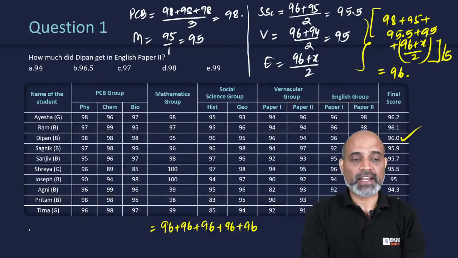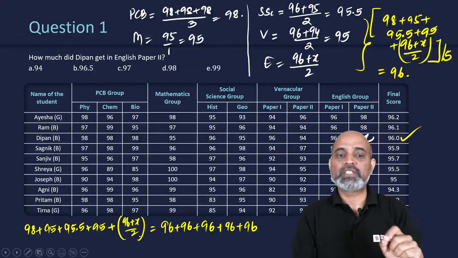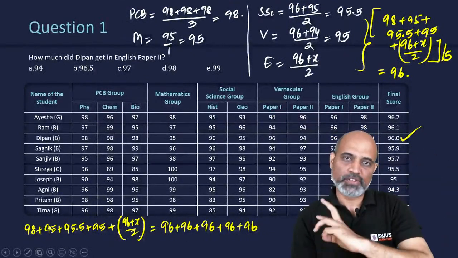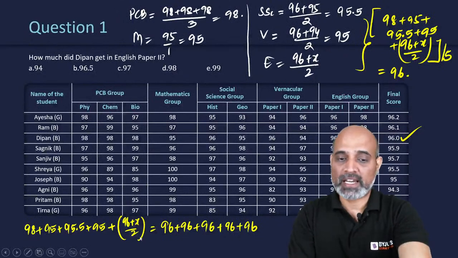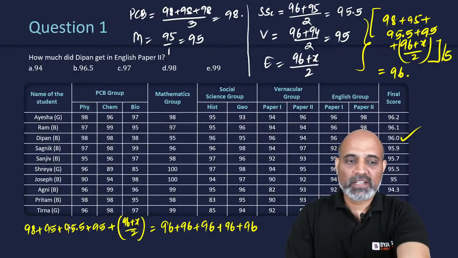And on the right hand side, we have 98, we have 95, we have 95.5, and we have 95, plus we have this 96 plus X by 2. Why am I doing this is because 96 into 5 पहले calculate करो, फिर subtract करो, फिर double, फिर subtract, so it will be more calculative. So what I'm going to do is I'm going to break it down in this format so that it becomes easy. Okay.